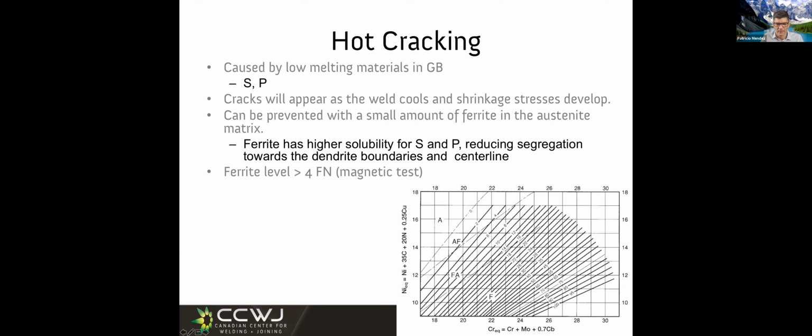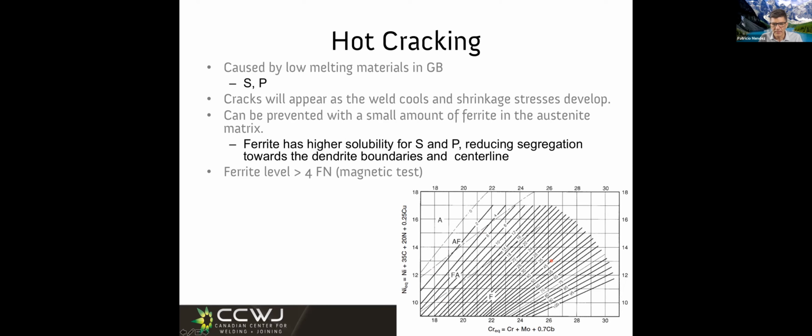And we have diagrams like this, into which I'm not going to go into a lot of detail, but it says you can calculate a chromium equivalent for your steel. It's similar to the carbon equivalent, but for chromium, or a nickel equivalent, similar to the carbon equivalent, but for nickel.